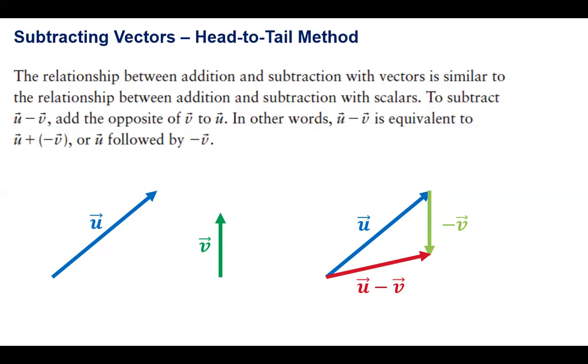So again, you can use the head-to-tail method to find vector u plus negative vector v like this. Okay, have a look at the diagram here. This is how we can apply vector subtraction.